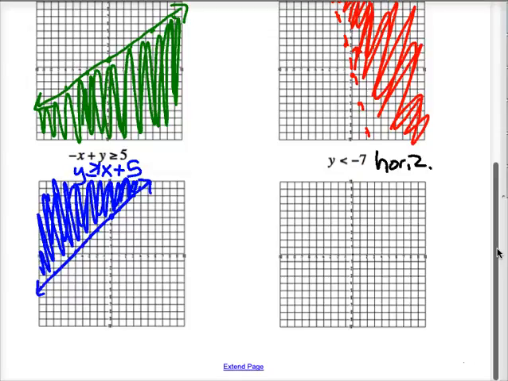Because it's strictly less than, I'm getting a dashed line down at that -7. So I have a dashed horizontal line, and less than means underneath. So that means I'm going to shade down here. And that's going to be your final answer.